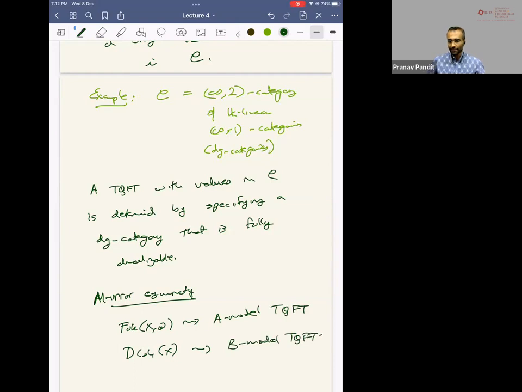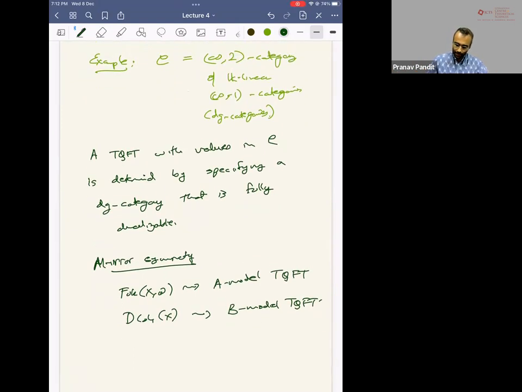But you see, the TQFT has much more information than just the category. It's determined by the category, but it also has all these operations that you get in a two-dimensional TQFT, like the value on the circle. Let me just finish with this.